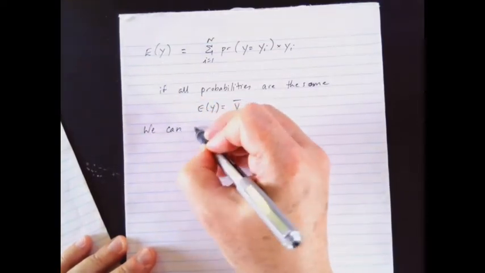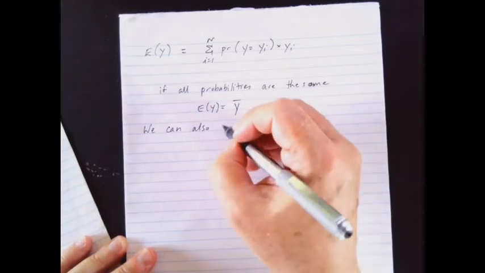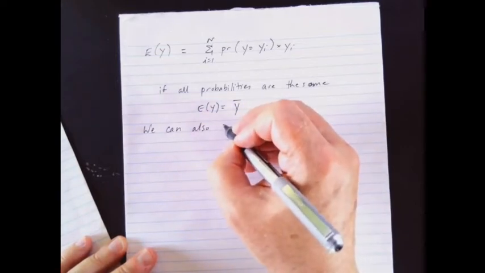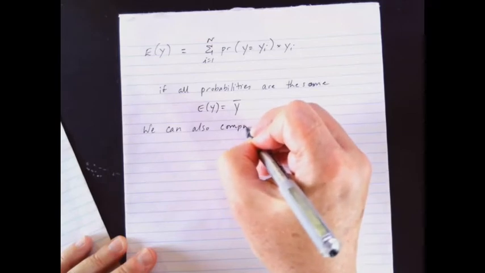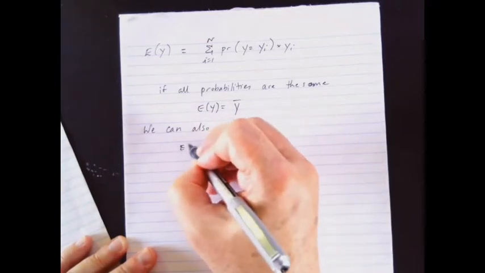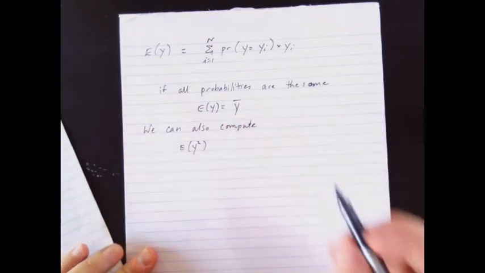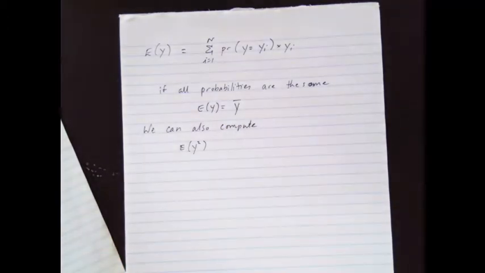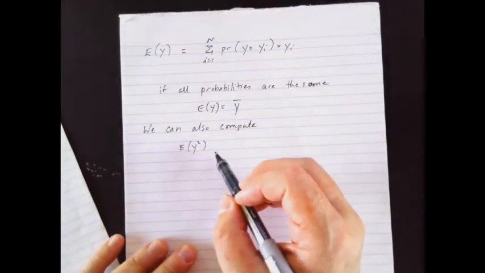Now, that's the expected value of y. We can also compute something related to it: the expected value of y squared. It may not be obvious why we would want to, but we will have reason to do that later on.